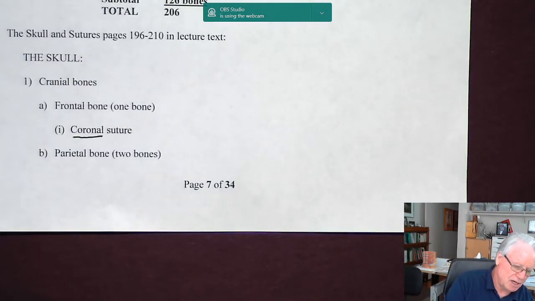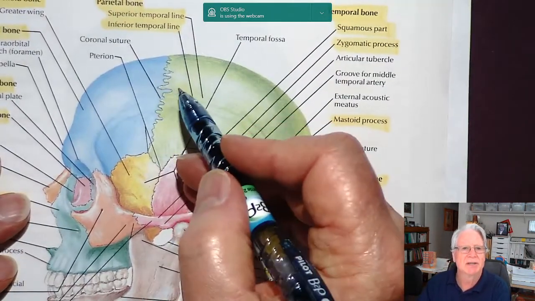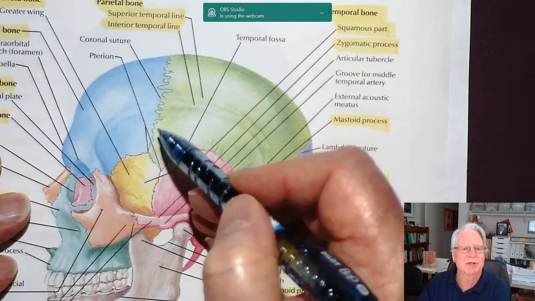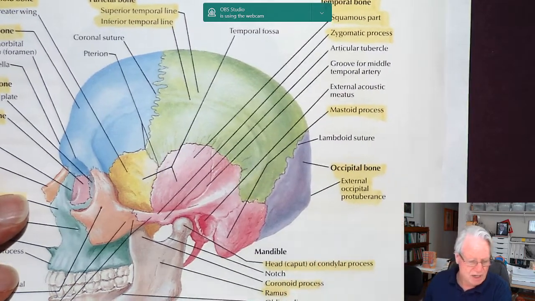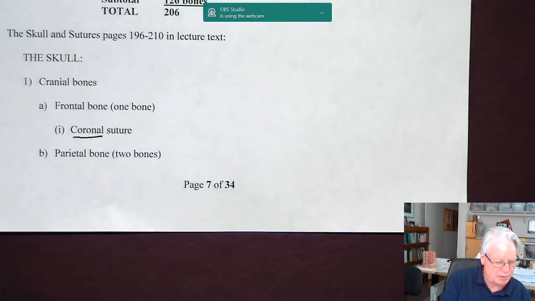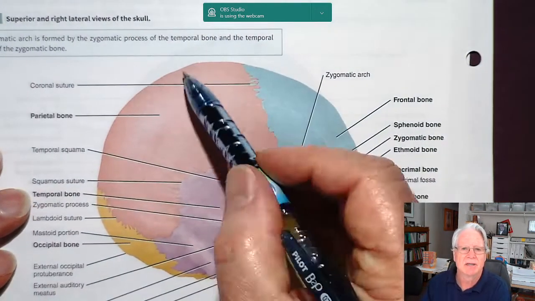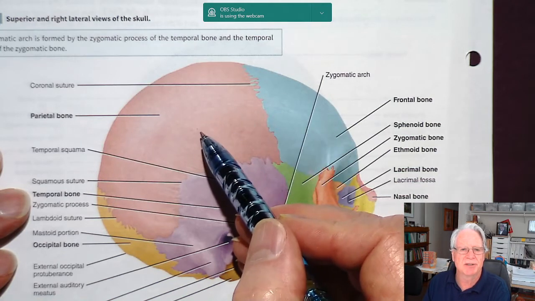I also have a lateral view, which we can see right here. There is the parietal bones. There's my coronal suture. Okay. Let's see if I have from your textbook. Indeed, same thing. Coronal suture here, frontal bone, parietal bone.